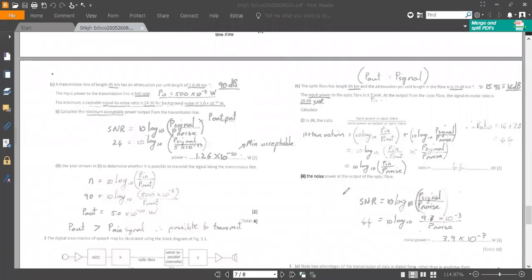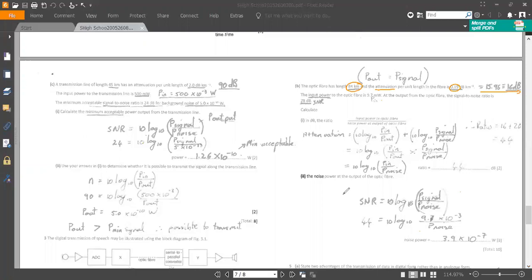The optic fiber has a length of 84 kilometers and the attenuation per unit length of the fiber is 0.19 decibels per kilometer. So if we want the value of the attenuation in decibels, we multiply the 84 kilometers by the 0.19, and that gives us 16 decibels.